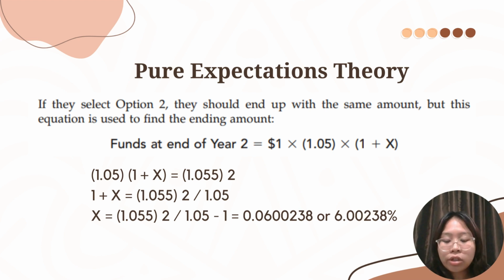Let us arrange it. So 1 plus x is equal to 1.055 raised to 2 divided by 1.05. The last step is to arrange it again into x is equal to 1.055 raised to 2 divided by 1.05 minus 1.